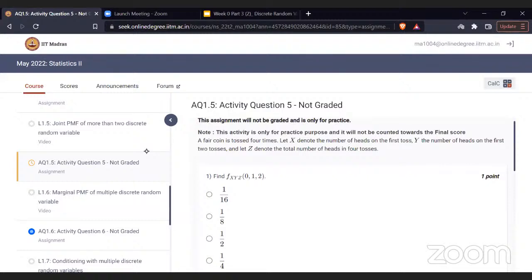Ma'am, I was trying to do it through the marginal and your conditional probability. Going from X to Y the answer is matching, but when I come from Y to Z to X, it's not matching. Could you help me out?